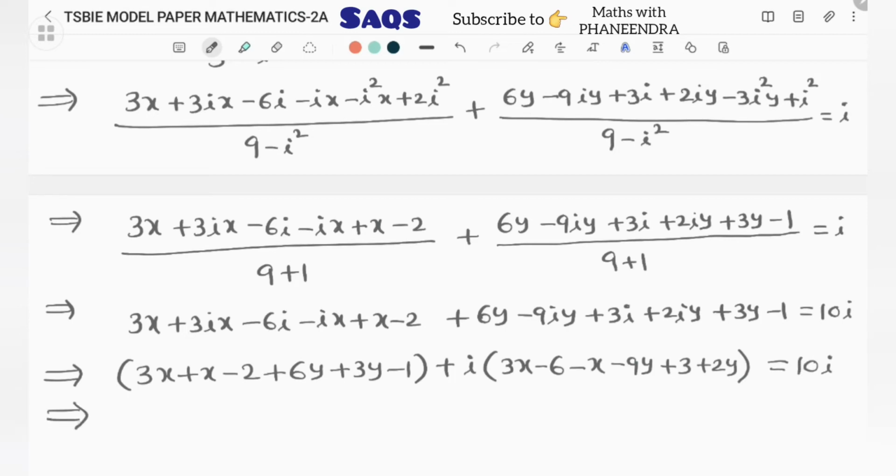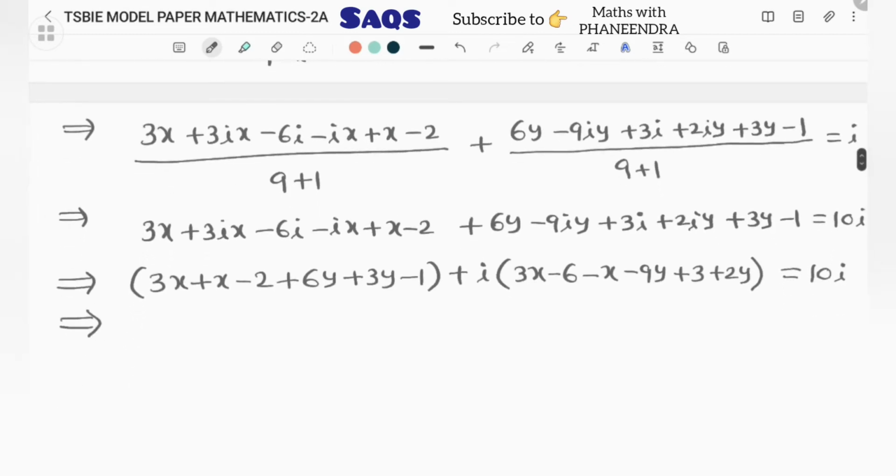So that implies that 3x plus x, 4x, 6y plus 3y, 9y, minus 2 minus 1, minus 3, plus i into 3x minus x, 2x, minus 9y plus 2y, minus 7y, minus 6 plus 3, minus 3, is equal to 10i.